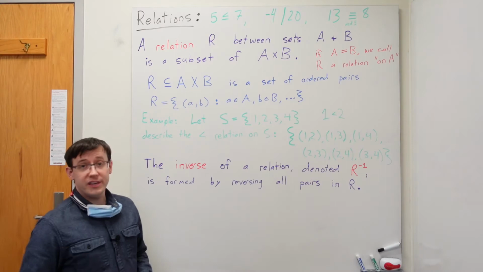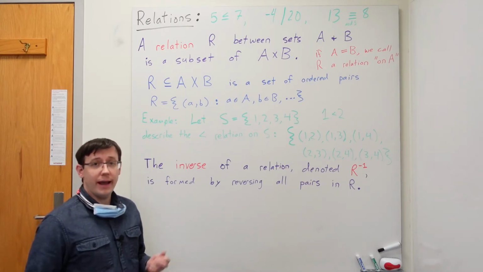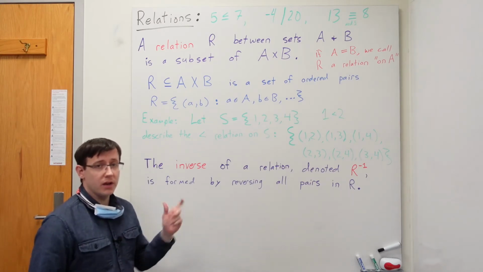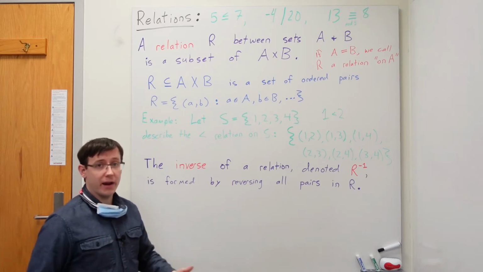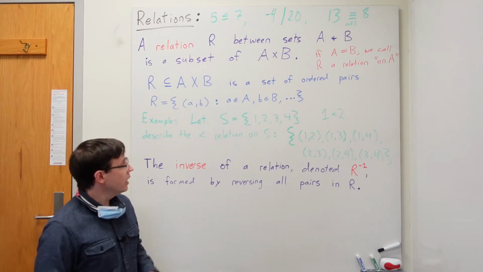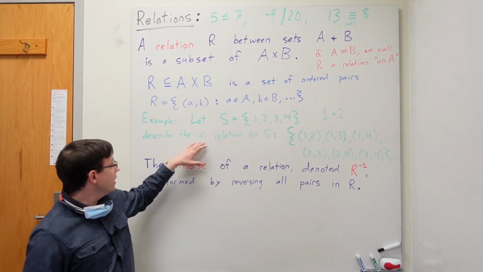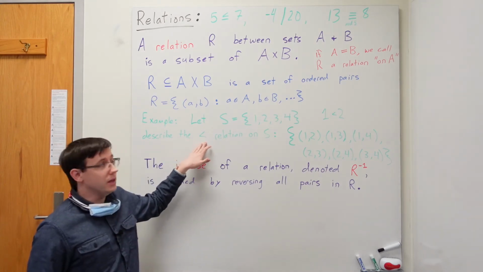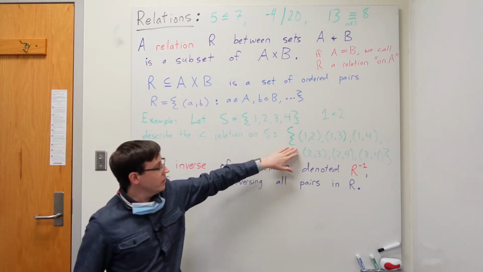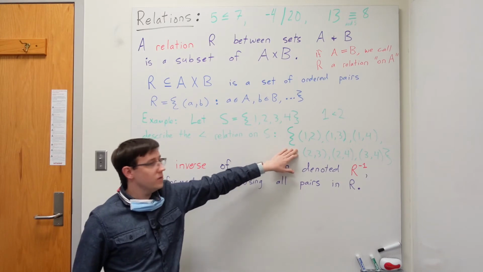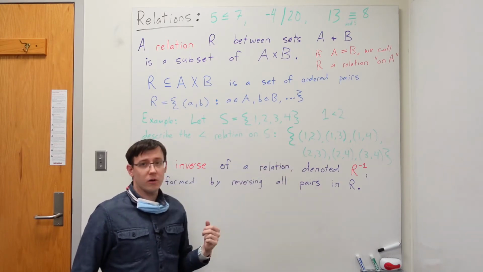We can talk about the inverse of a relation as the relation we would get if we reversed the order of every ordered pair in the original relation. And so if we took the inverse of the less than relation on set 1, 2, 3, 4, we would get a relation with 6 elements that are all of these pairs reversed.